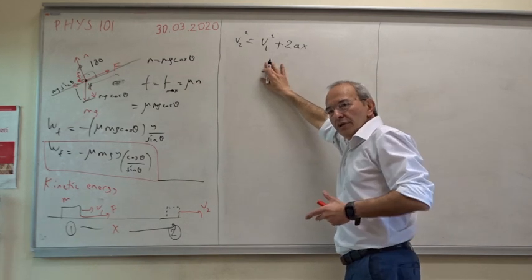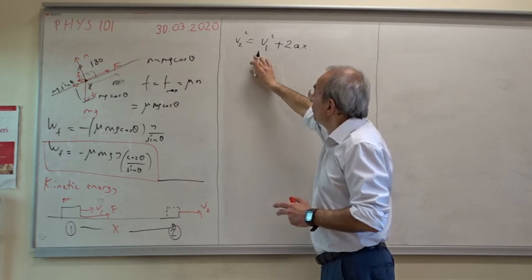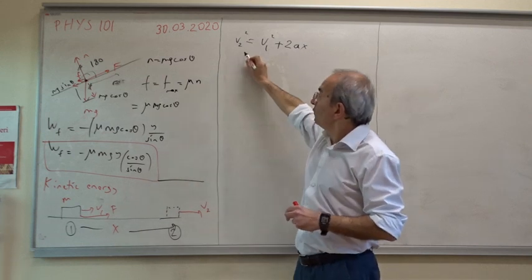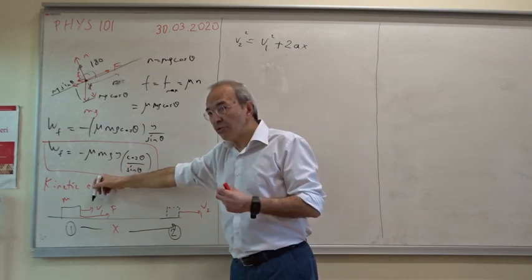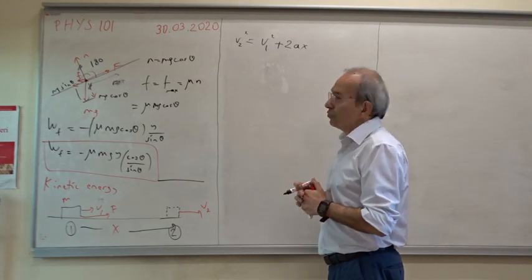This is one of the kinematic equations that we have already learned. One of them may be 0. For instance, if it stops at the end, v2 may be 0. If it starts from rest, v1 may be 0. Otherwise, they are both non-zero numbers.